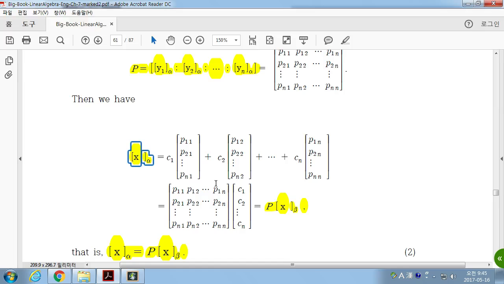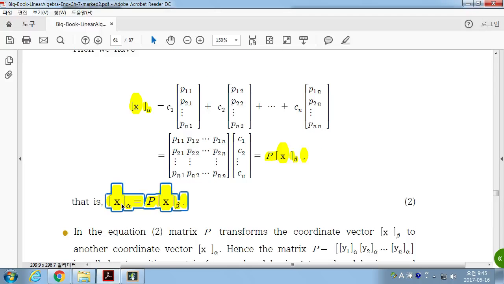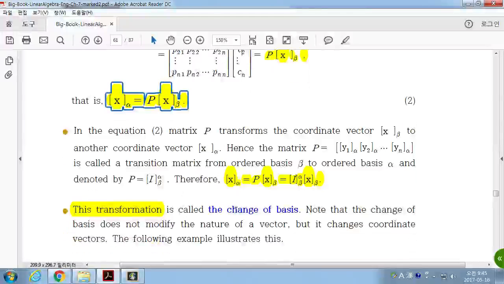So this is a relationship, okay? So the coordinate vector of x with respect to alpha has a relationship with the coordinate vector of x with respect to beta with this matrix P. Okay. So this shows you the relationship between these two coordinate vectors with two different bases.